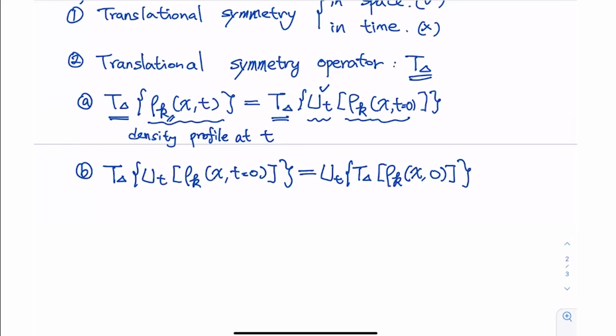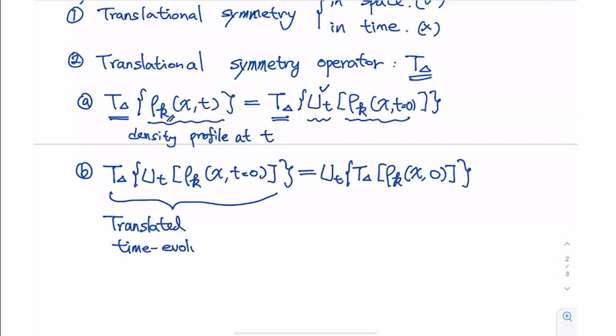So at the left-hand side of the equation, if you just look at the mathematical expression, first we have some kind of density profile, rho k of x at t equal to 0.